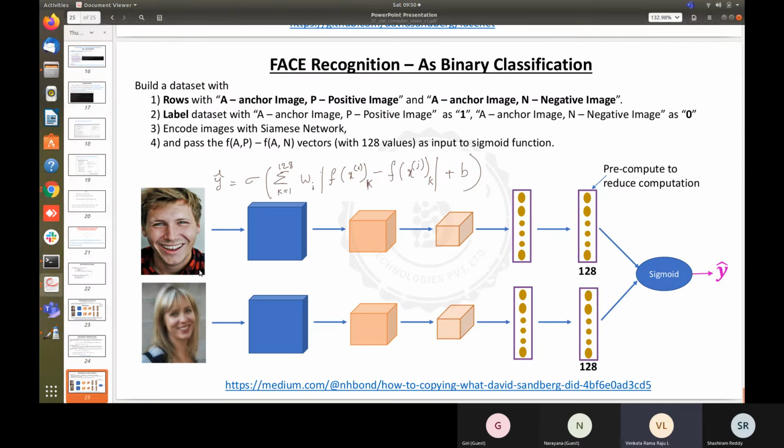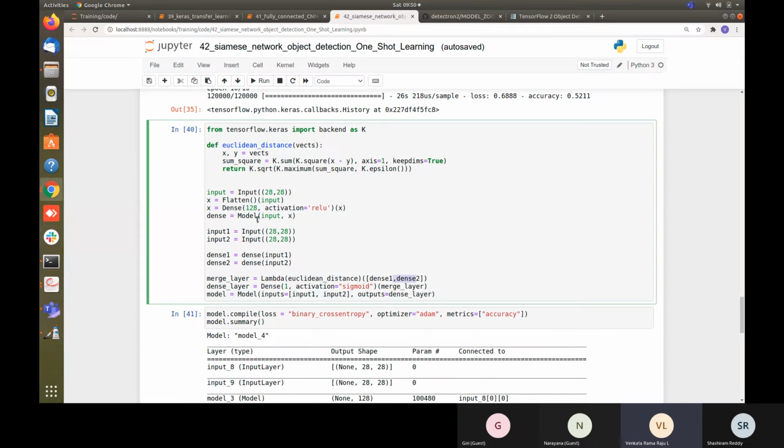These two outcomes it will take, and then it calculates the squared difference between these two vectors across axis 1, and then sums it. Okay, got it? This is Euclidean distance only, but we did not apply the square root. If you apply the square root also, it becomes Euclidean distance.